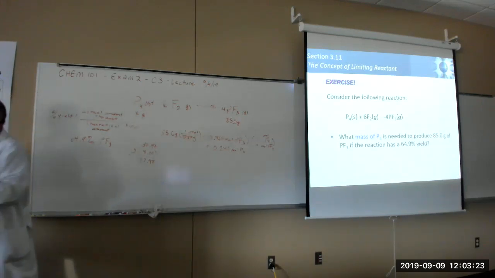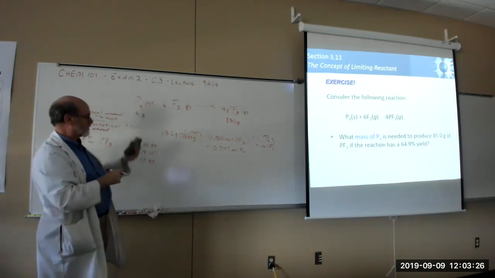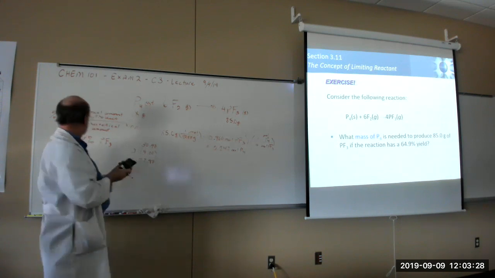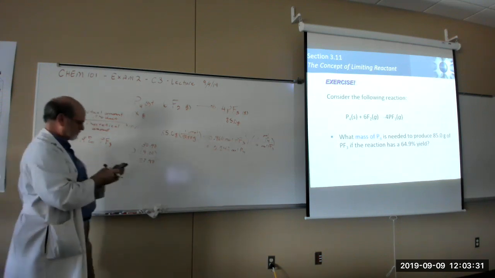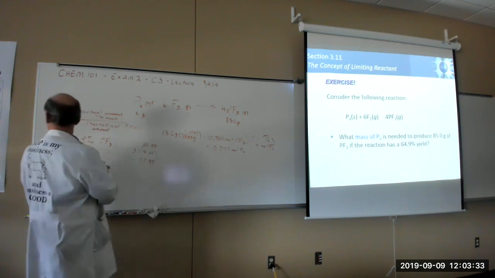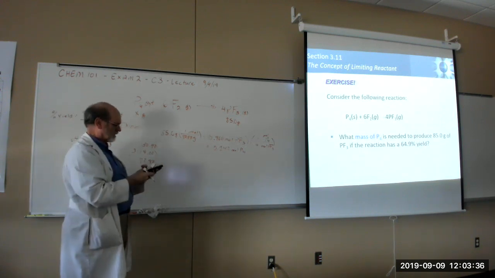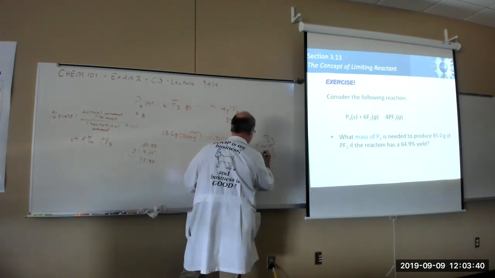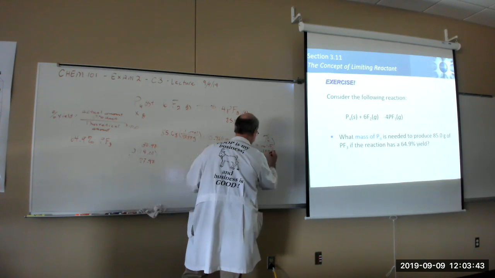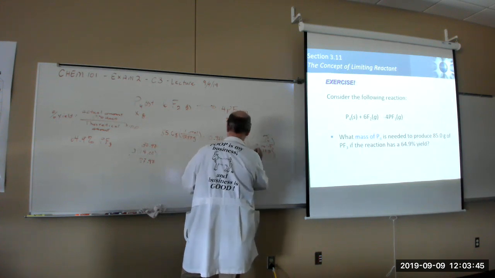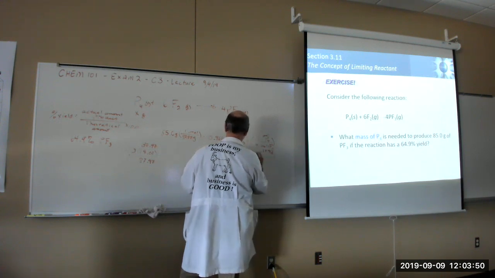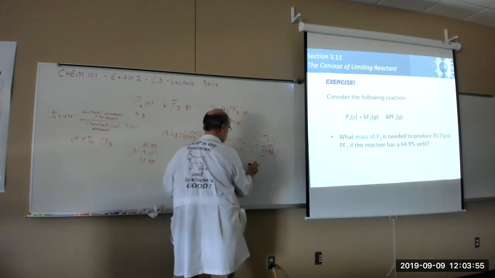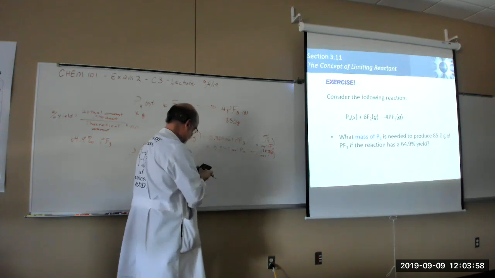So 30.97 times 4 is the molar mass of P4. Yeah, that's right. 123.88 grams per mole.